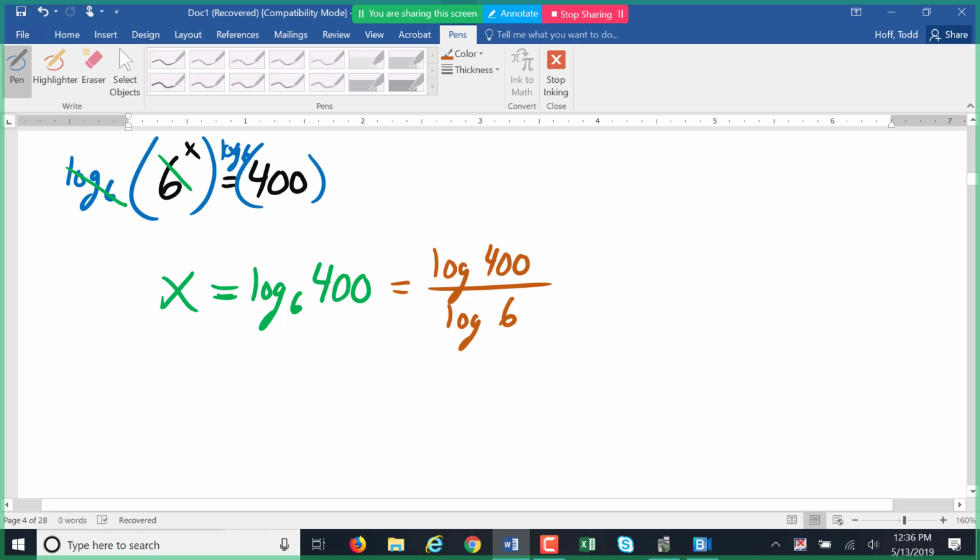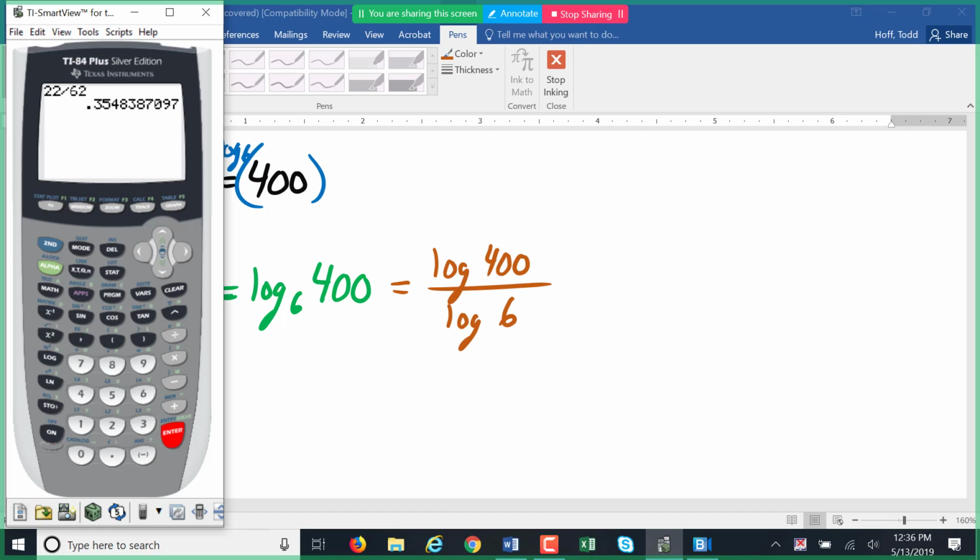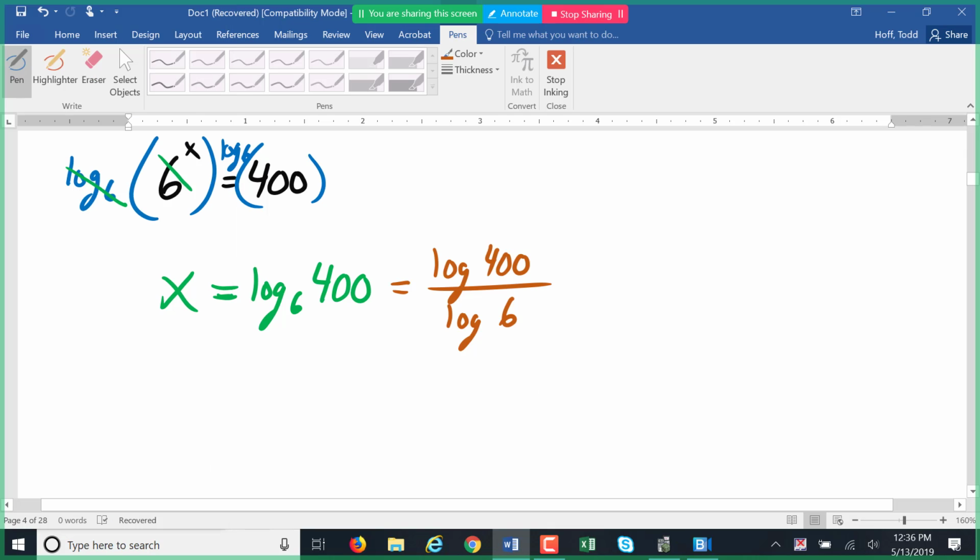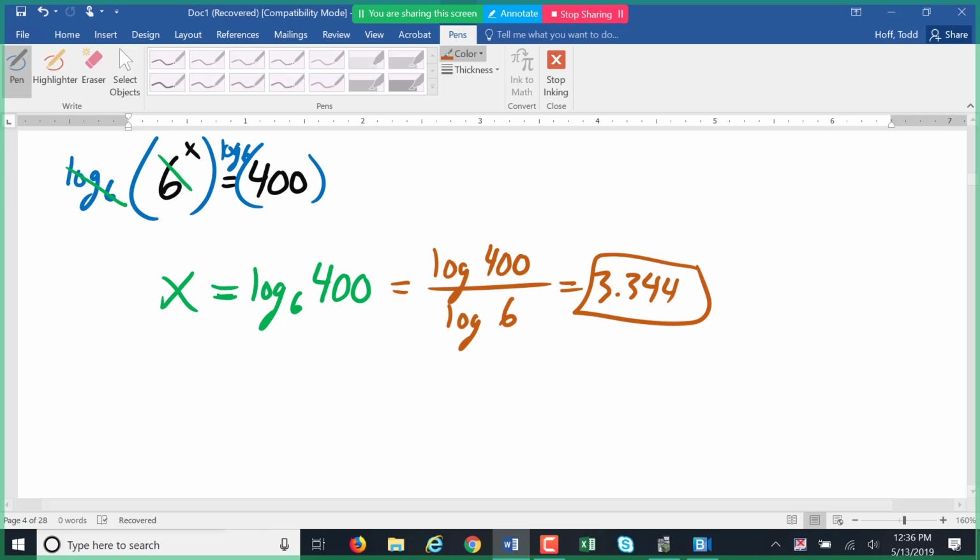Log of the object divided by log of the base. Does it matter whether we use log or ln? No, they both come out to be the same. ln of 400 divided by ln of 6 is 3.344. Log of 400 divided by log of 6 is 3.344. So either way, we get the same value.